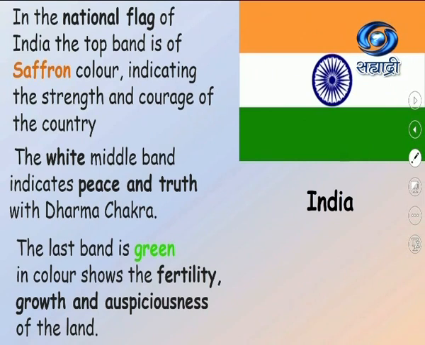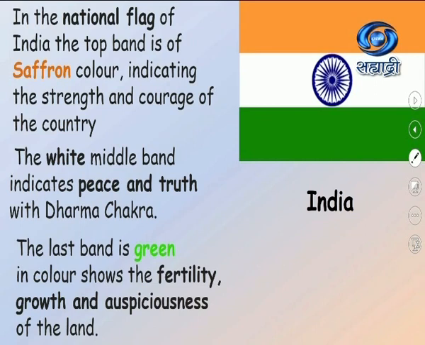Now let's see what the Indian flag signifies. The Indian flag is also called a tricolor. In the national flag of India, the top band is of saffron color, indicating the strength and courage of the country. The white band indicates peace and truth with a dharma chakra.